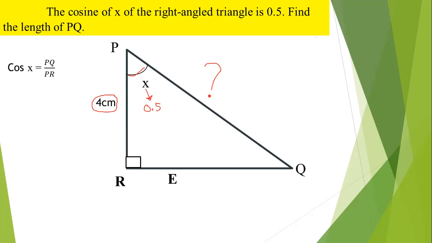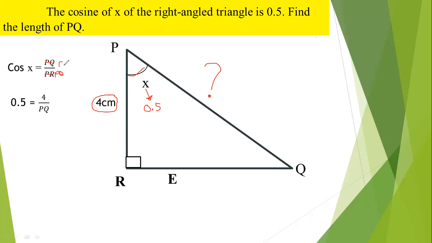So cosine of x is 0.5 equals adjacent side 4 over hypotenuse PQ. This one is side PR and this one is side PQ.